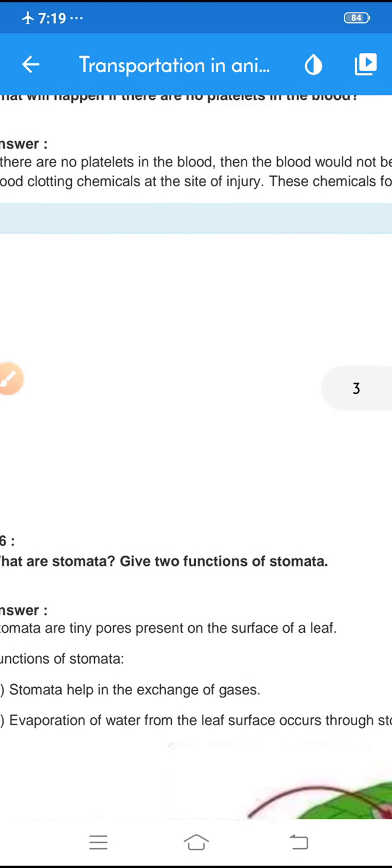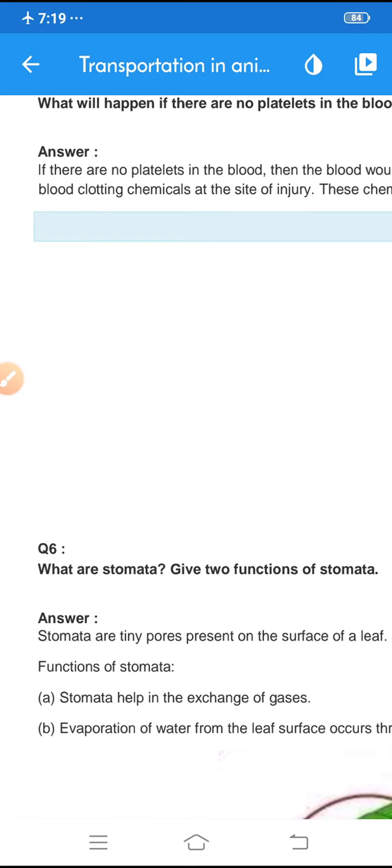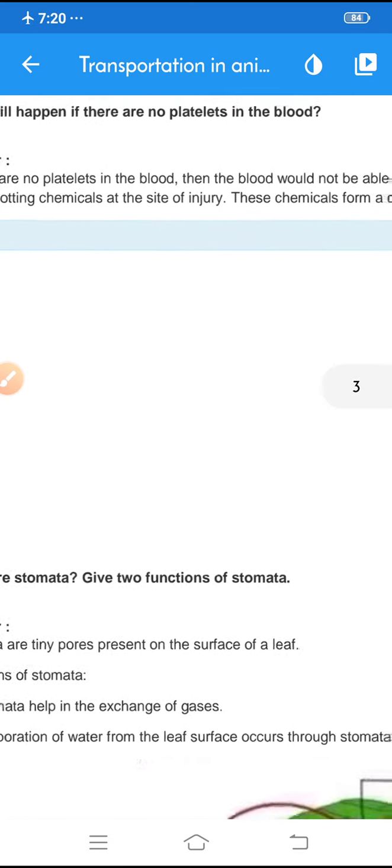Platelets release blood clotting chemicals at the site of injury. Where the injury takes place, they release the chemicals needed for the clotting process, at the place of the wound.